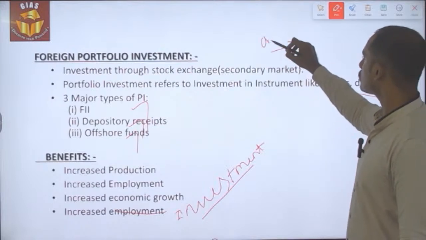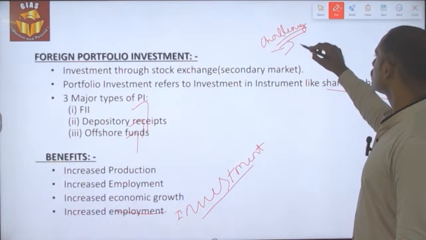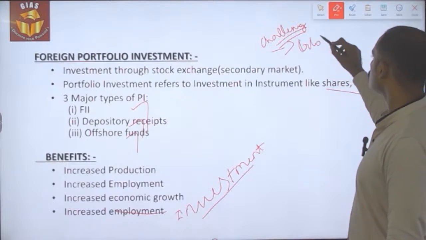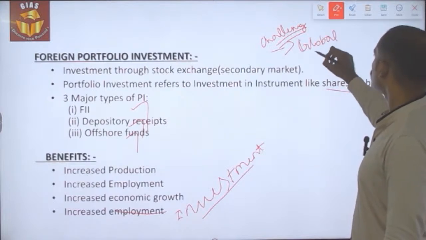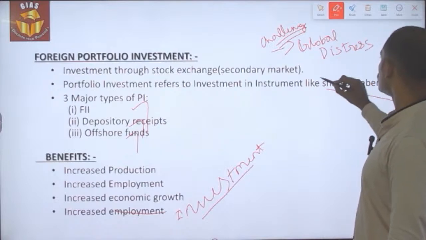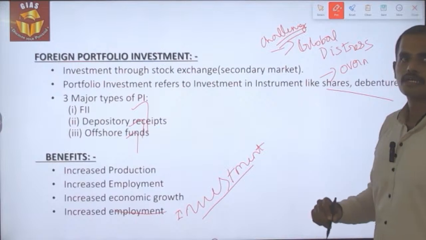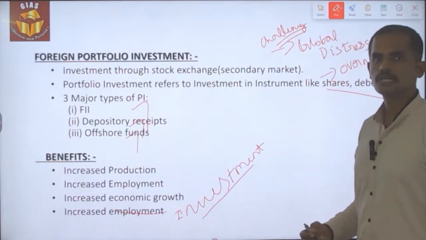The first and foremost challenge of FPI is that it is vulnerable to global distress, and it could be taken out by the investors at any time.